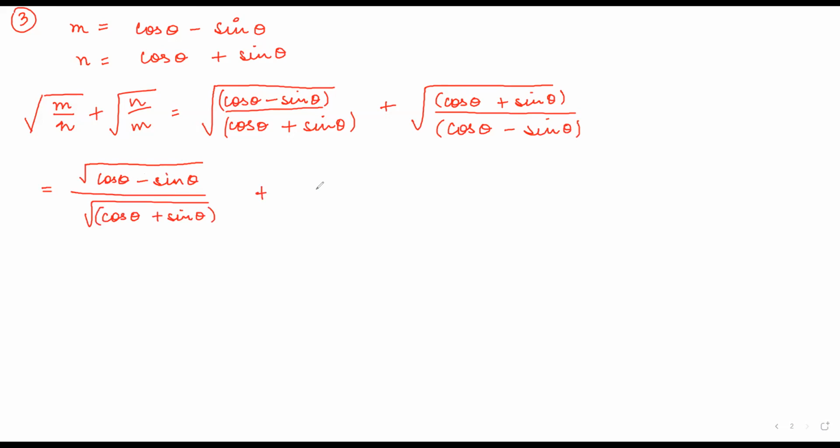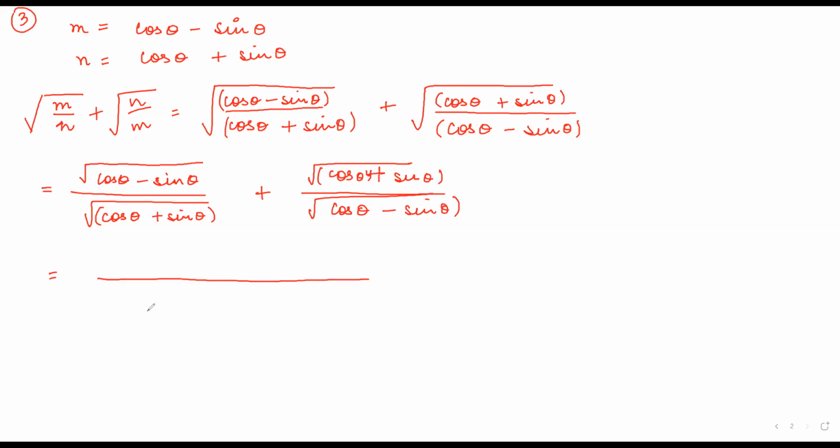Okay, then plus cos theta, sorry, plus sine theta and then divided by under root cos theta minus sine theta. Now you take LCM. So LCM will be under root cos theta plus sine theta into cos theta minus sine theta, right?